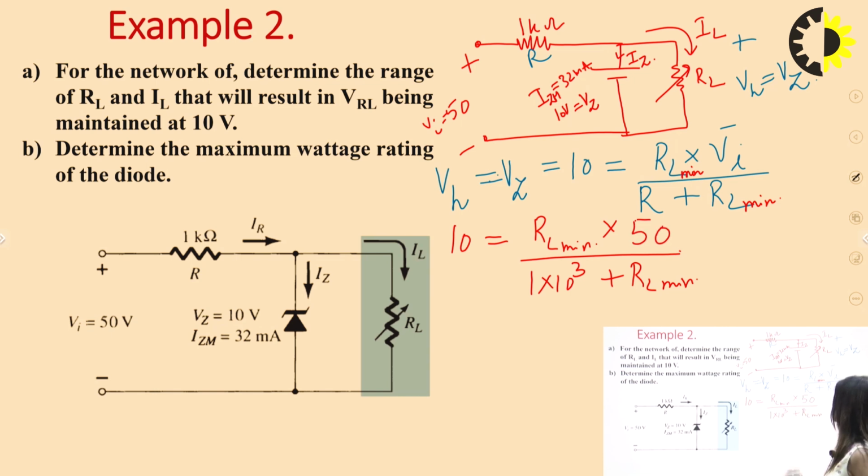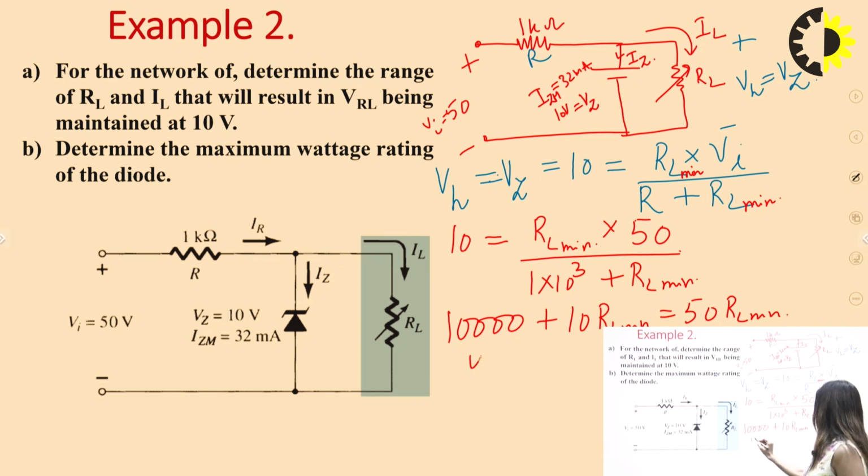Using this formula, I will make the equation 40 RL minimum is equal to 10,000.